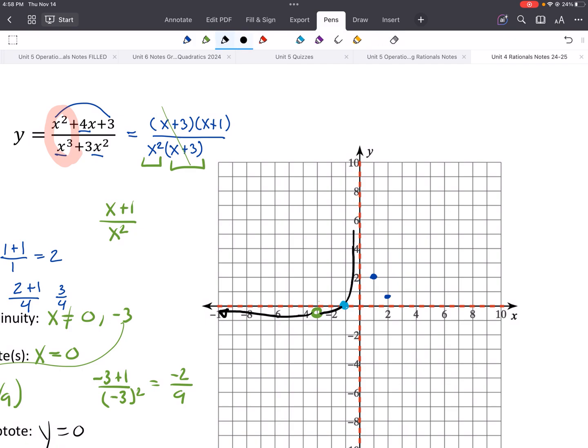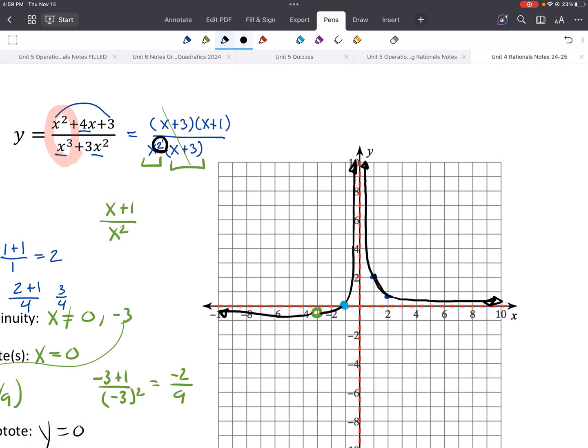It has to get a little closer maybe. And then on the right side, again, these two have to connect, so it has to continue going that direction and get closer and closer to that asymptote. Okay, so again, we can see that these go up and up, which makes sense because we have a multiplicity of 2 in the denominator.